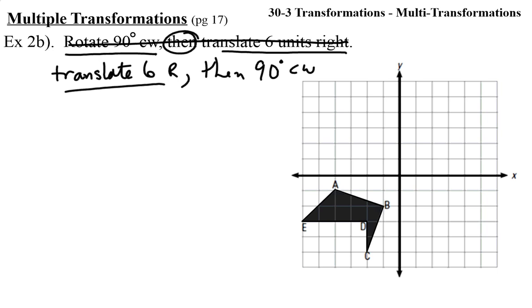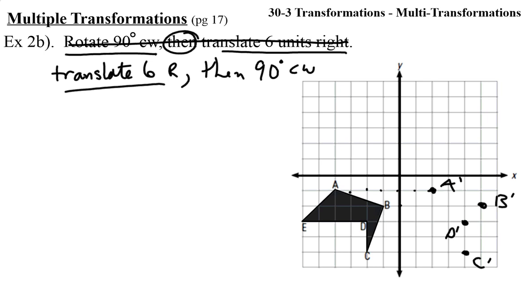Well, let's find out. So we are going to translate first. So everything needs to go 6 to the right. There's where our A prime is. B prime. C prime.